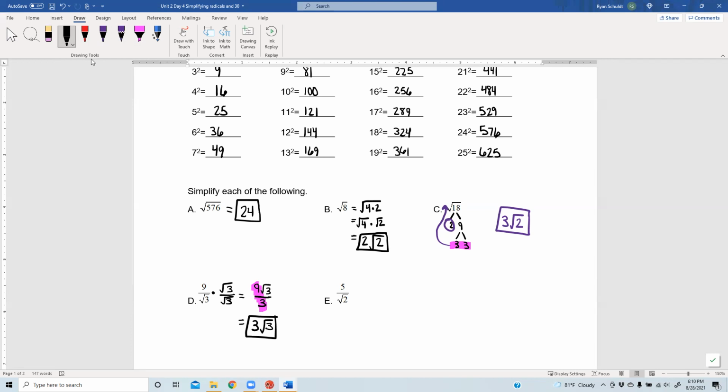Look at E. It's going to be the square root of 2 over the square root of 2. On top, you smash them together. On the bottom, you remove the bar. Can I simplify 5 over 2? No. Don't tell me 2.5. No, I can't. It won't be a whole number.